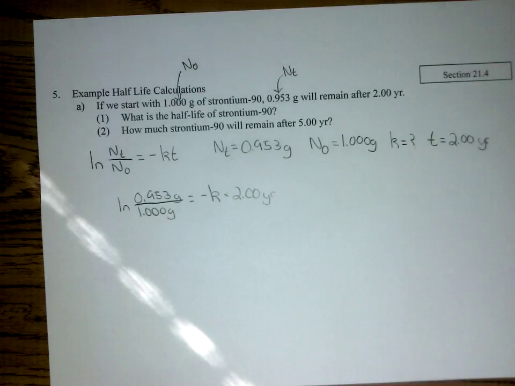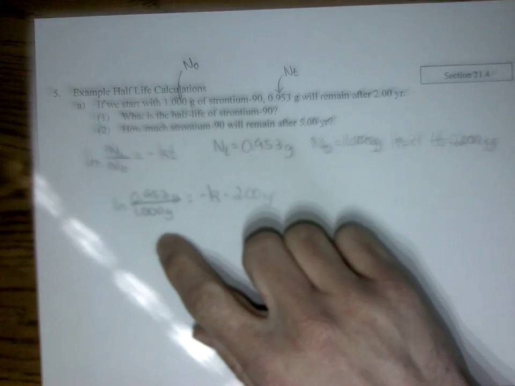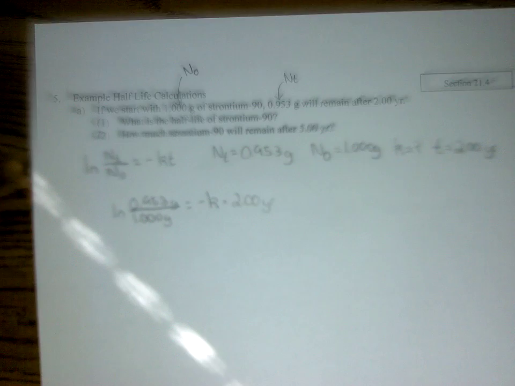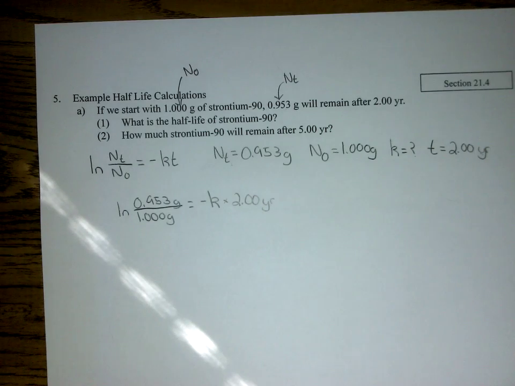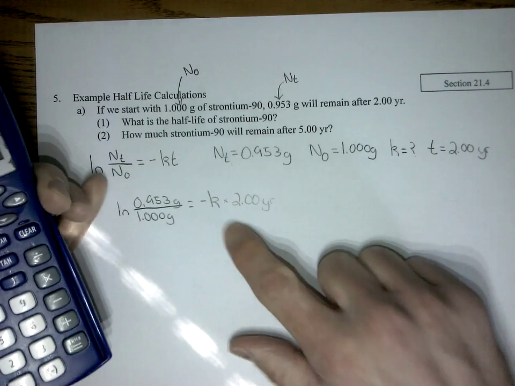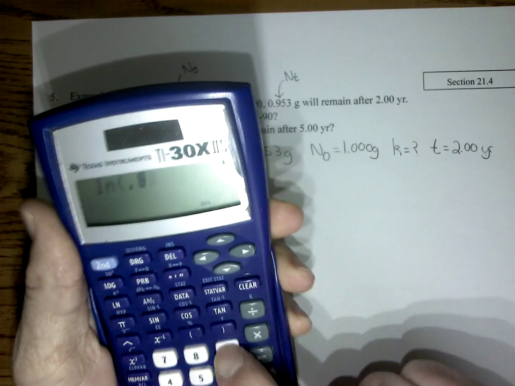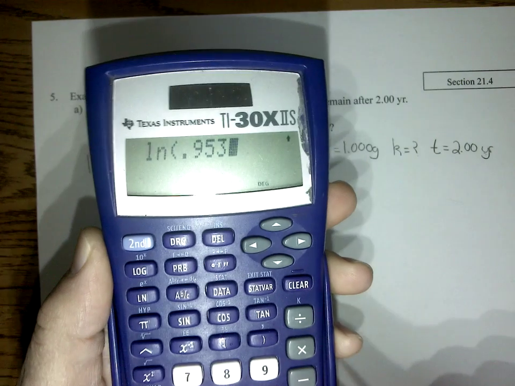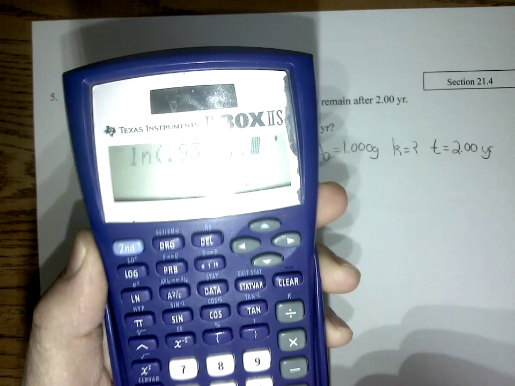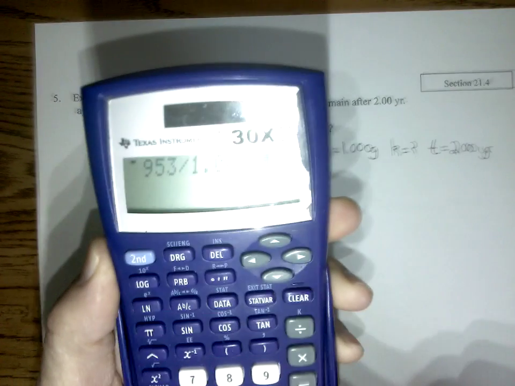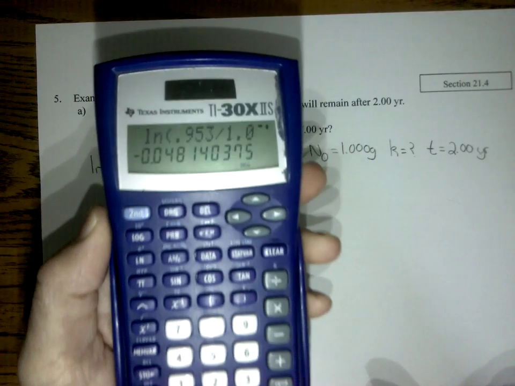All right, so what I'm going to do in my calculator is I'm just going to get rid of this natural log business first, and then we will worry about solving for k. So our natural log of 0.953 divided by 1.000, close that parenthesis, equals this number here.